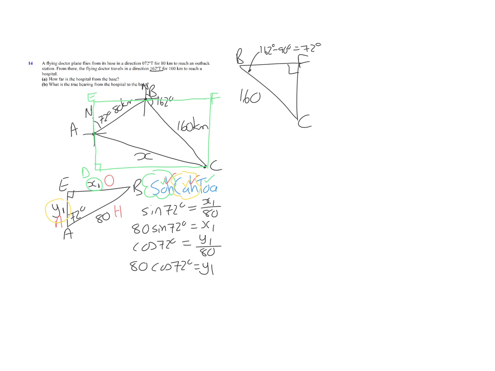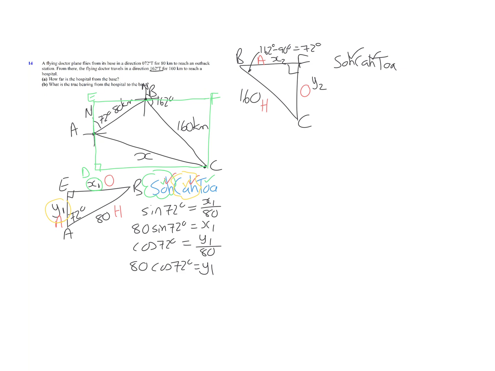Then I can label trigonometry, hypotenuse, opposite, adjacent. Label the unknown sides to be the vertical one, y2, the horizontal one, x2. Now I write down SOH CAH TOA. And I now tick the H because I have the hypotenuse.